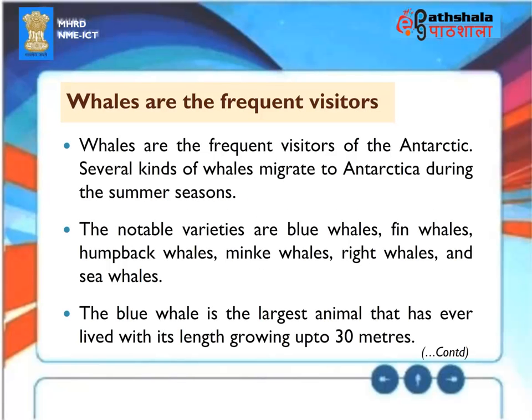Whales are frequent visitors of the Antarctic. Several kinds of whales migrate to Antarctica during the summer seasons. The notable varieties are blue whales, fin whales, humpback whales, minke whales, right whales, and sei whales. The blue whale is the largest animal that has ever lived, with its length growing up to 30 meters.